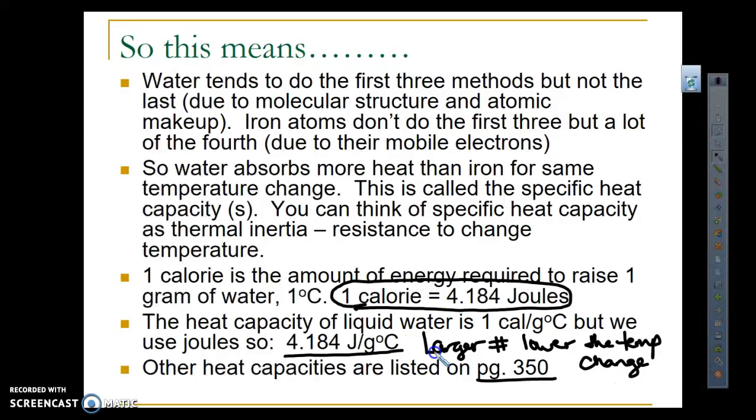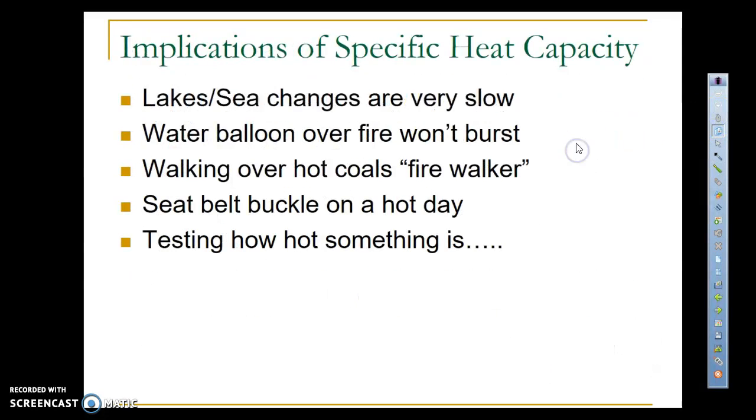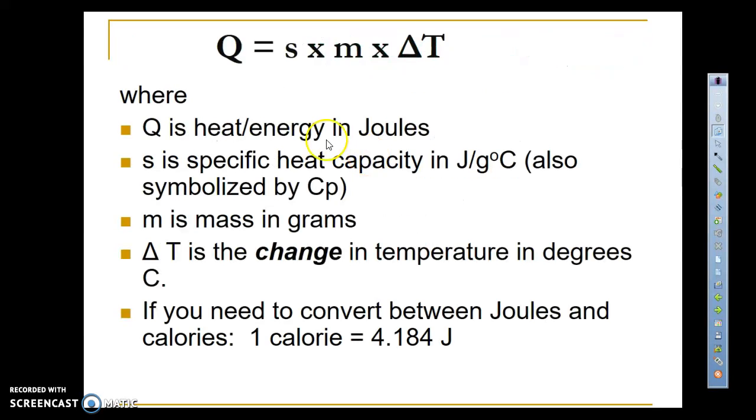So you're going to put a ton of energy into the system, and the system is really not going to be that impressed. It's going to nudge up a little, maybe down a little. The higher the number is, the more resistant it is to change. Here are some examples, because the changes are very slow here. The water is very, very cold in the spring. The air temperature is wonderful, but the water is not, so you have to be really careful with that.